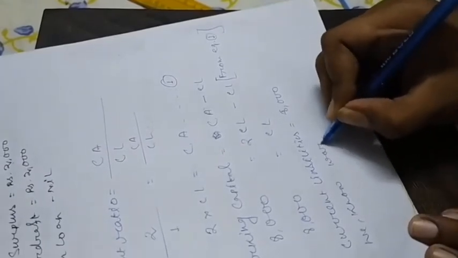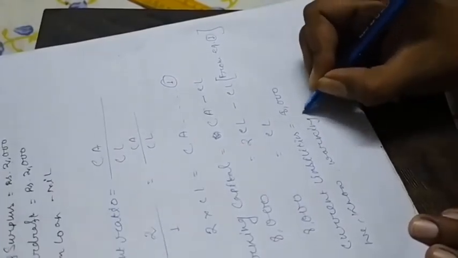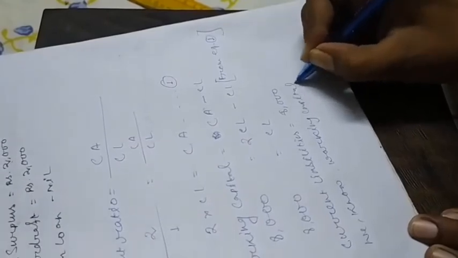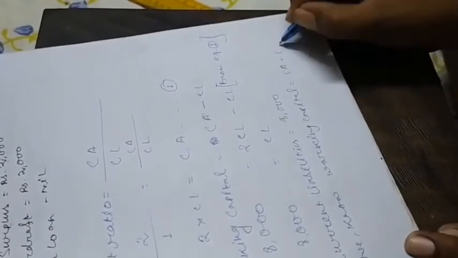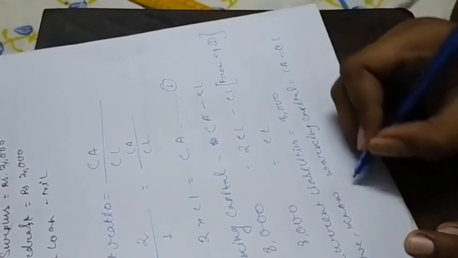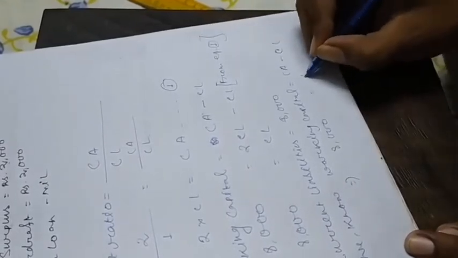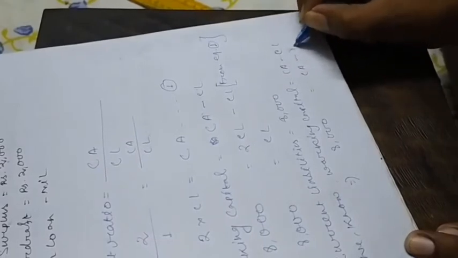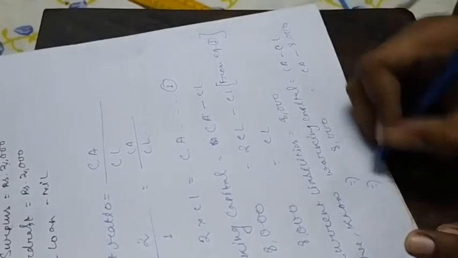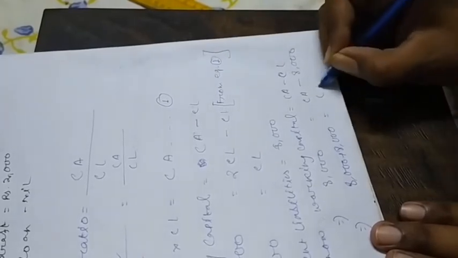So we know working capital equals current asset minus current liability, and working capital is 8,000. So current asset minus current liability means 8,000. From this equation we can calculate the value of current asset. CA means current asset.